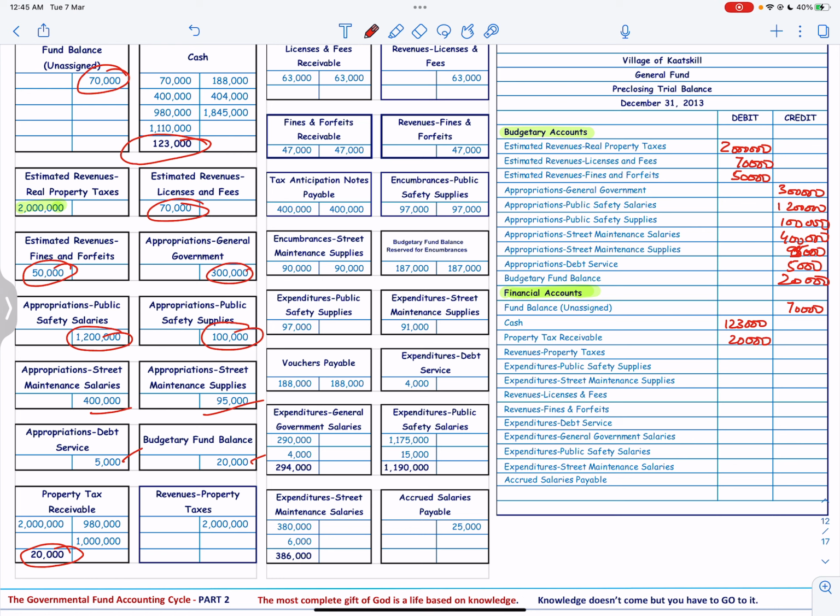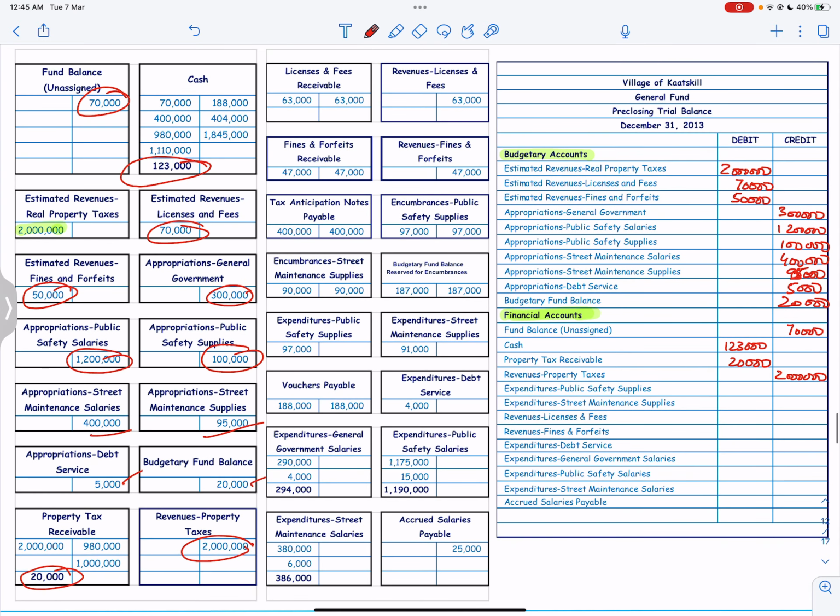Then revenue property taxes 2 million. Then we have licenses and fees. There is no balance. Revenue, licenses and fees, that is 63,000. Then we have revenues, fines and forfeits 47,000.